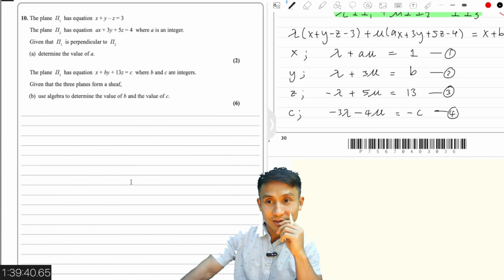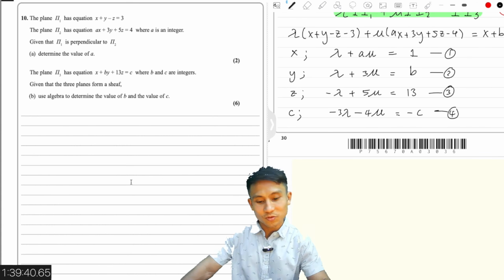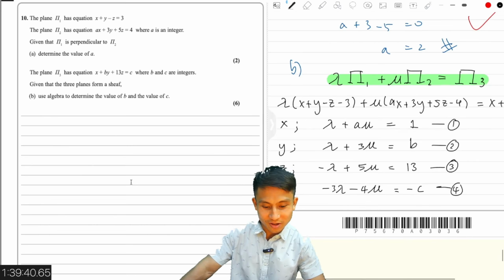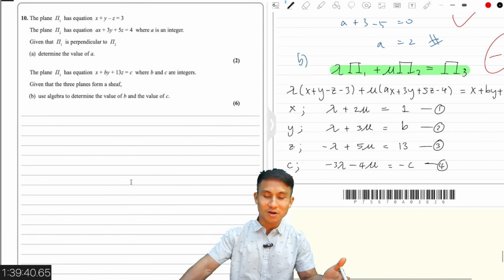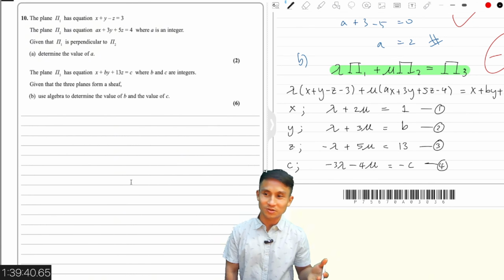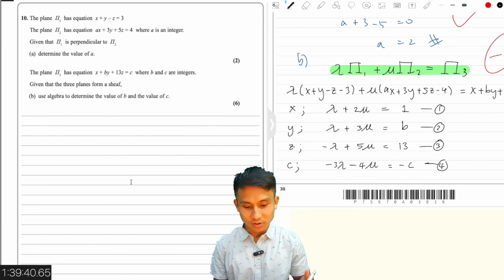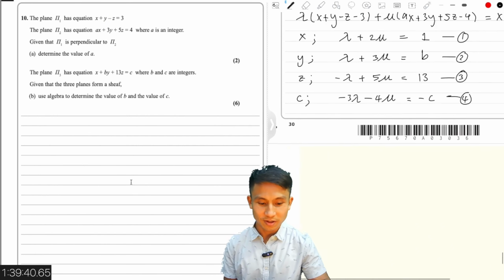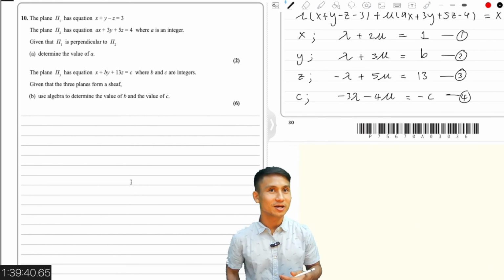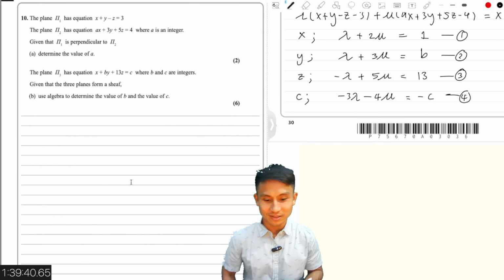B and C. Oh, we got A already. I forgot, A was 2. Because look, it didn't make sense. We have 5 variables and 4 equations. That's not solvable. Now we have 4 unknowns, mu, lambda, b, and c. 4 equations, so solvable. That is called determinate, a determinate linear system.